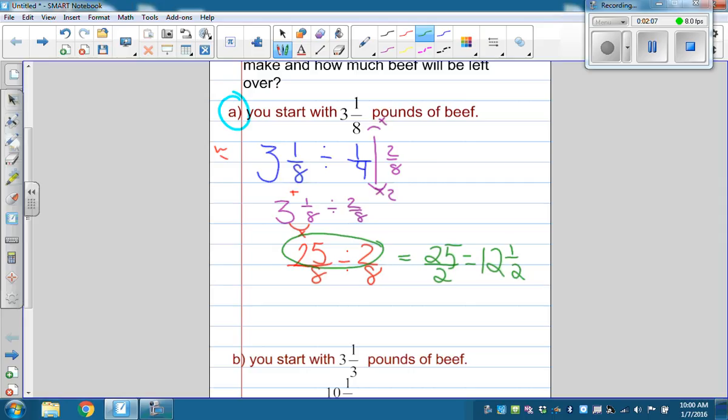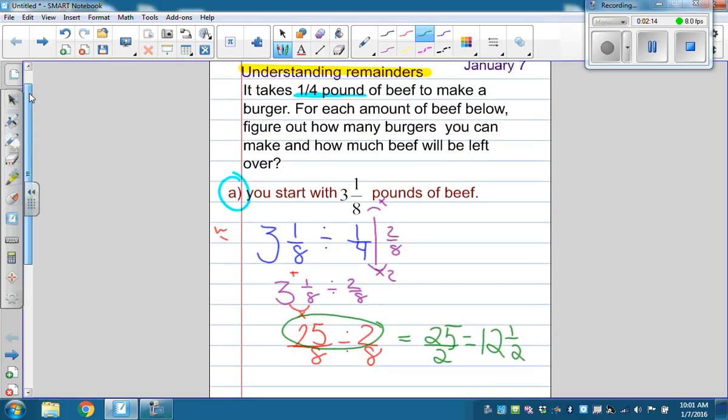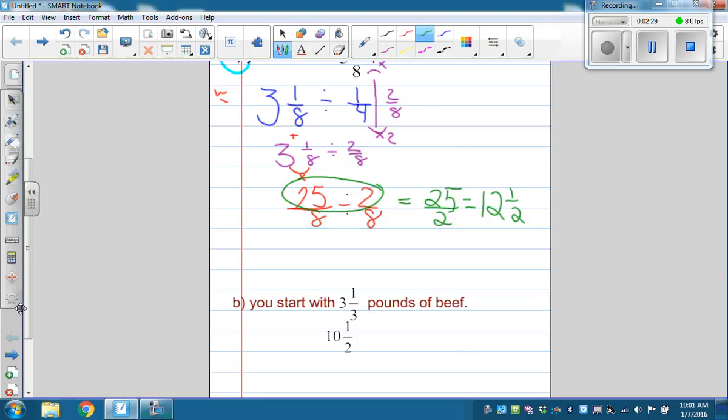Do you know what that means? That tells us enough to answer the question, but we haven't answered the question yet. We want to figure out how many burgers we can make. So how many whole burgers can we make, Isabel? You can make 12 whole burgers. Okay, so that's part of it, the 12 whole burgers. What else?